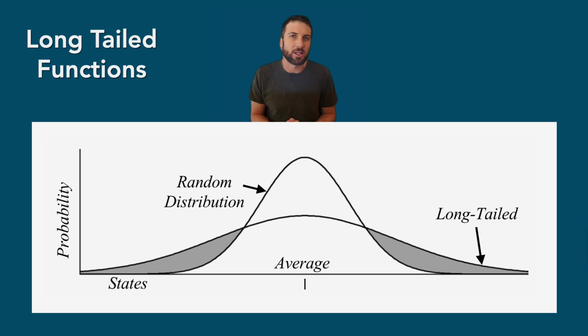Now, power laws, on a logarithmic scale, they would be lines. And on not a logarithmic scale, they would follow these kind of curves. So these long-tailed functions are not necessarily always scale-free. These are looking at other functions that are not necessarily a perfect power law, but they do share something with the power law, which is that there are these properties that go beyond what would normally be seen around an average.